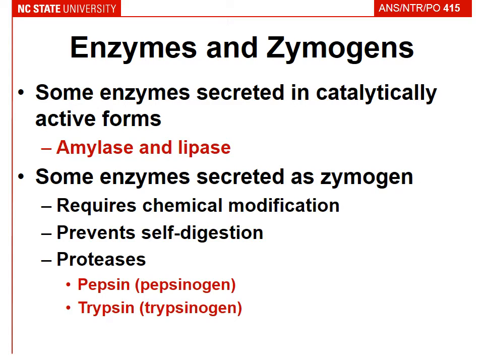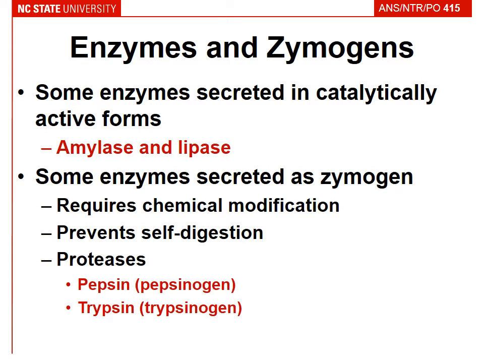I've been utilizing this terminology, zymogen, over the last few lectures. A zymogen is an enzyme that is secreted in an inactive form. First, we have some enzymes that are catalytically active.